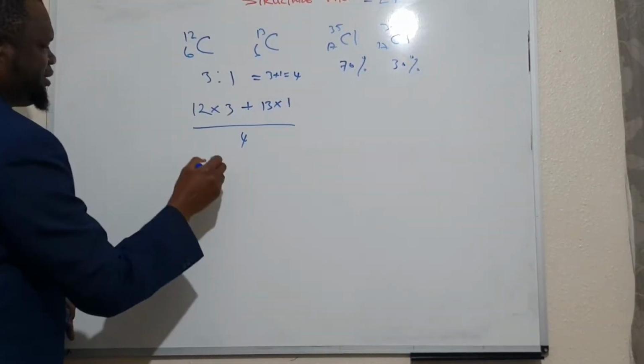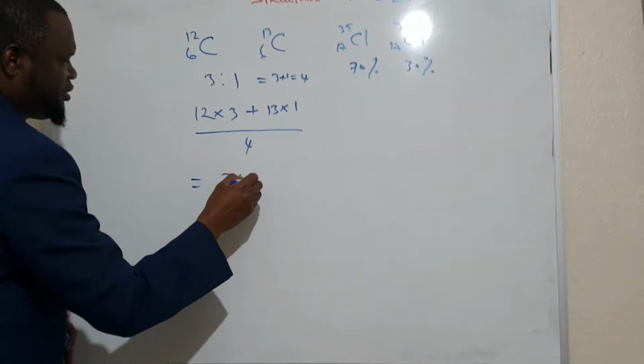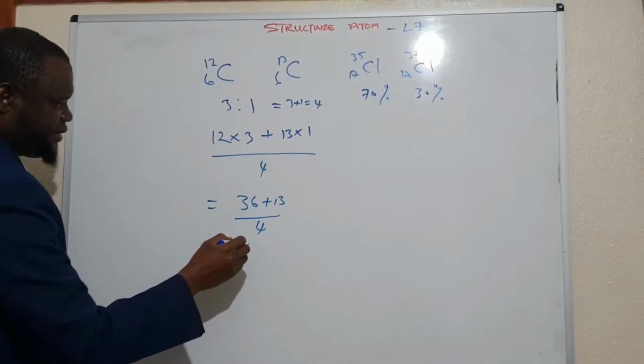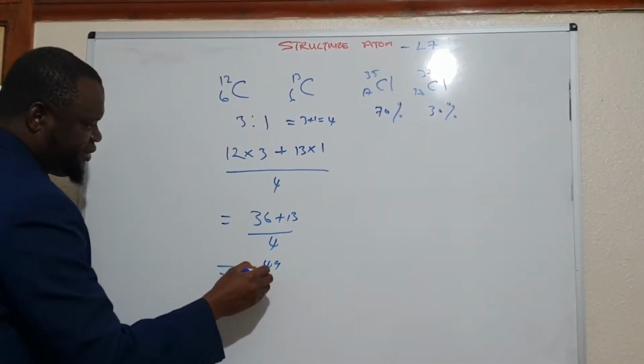Mathematically, this is 3 times 12, which is 36, plus 13, divided by 4. Look at my step by step. So this is 49 divided by 4.